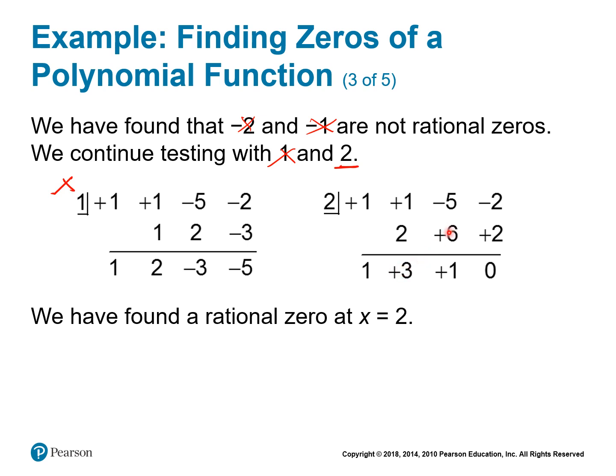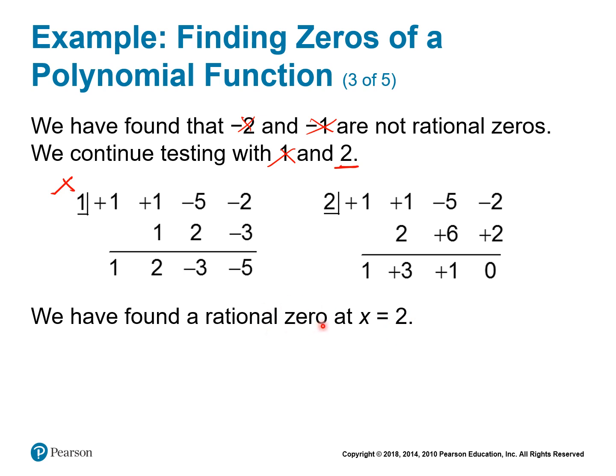We wrote the 6 below the -5. -5 plus 6 is plus 1. 2 times 1 is 2. So we get positive 2 and -2 plus 2 is 0. So now we found a 0 of the polynomial that we were working with. We have found a rational 0 at x equals 2.